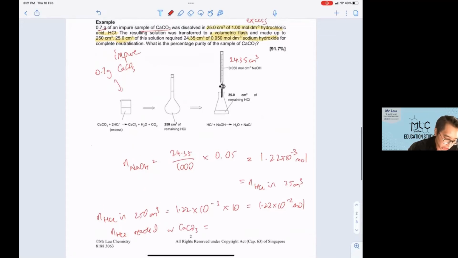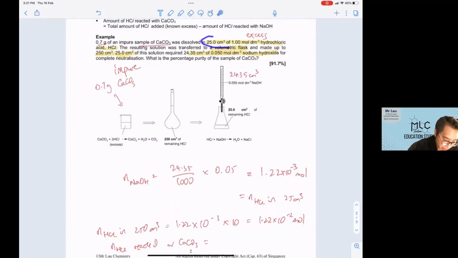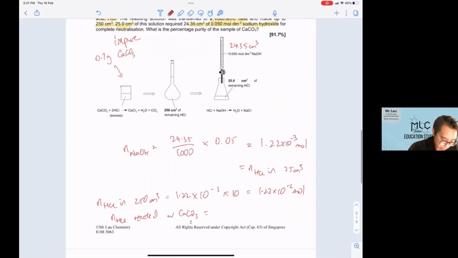So you just take your initial, which will be 25 over 1000 times 1, minus your leftover. You'll get 0.0128 moles.